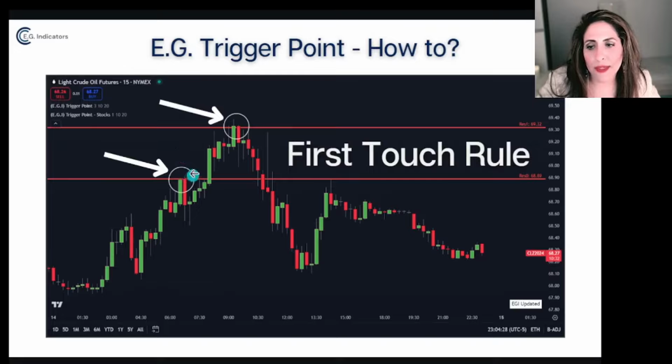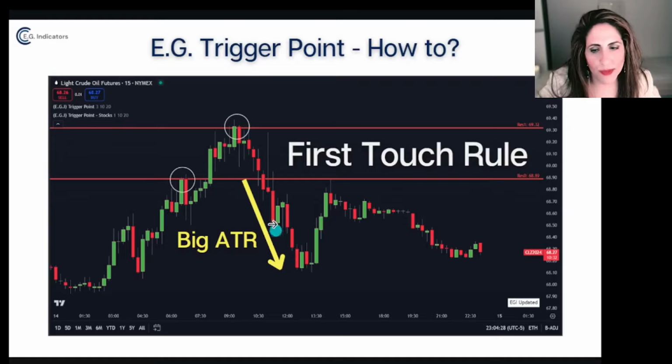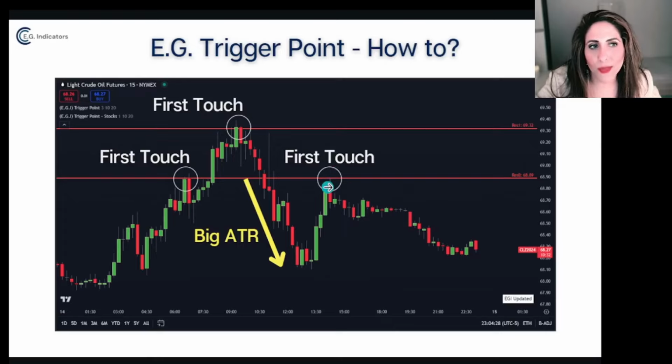So in this example, this is the first touch, and this is the first touch, and then we saw there was a big movement here, big ATR. So considering this movement, the ATR, this can also be considered a first touch.